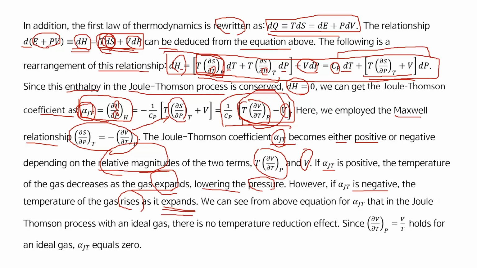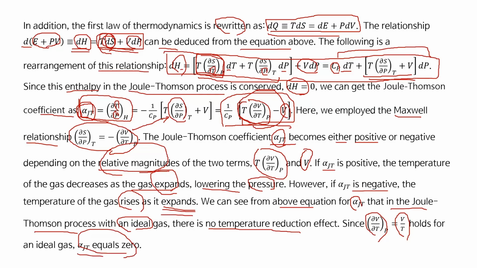We can see from this publication for alpha jt that in the Joule-Thomson process with an ideal gas, there is no temperature reduction effect, since dV over dT is given by V over T for ideal gas. So if we put this here, then alpha jt equals 0.